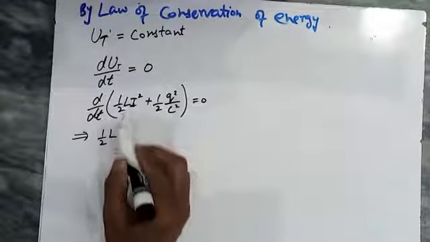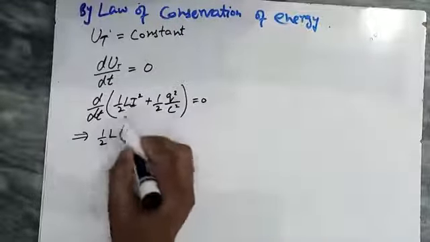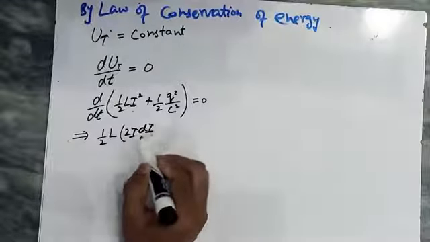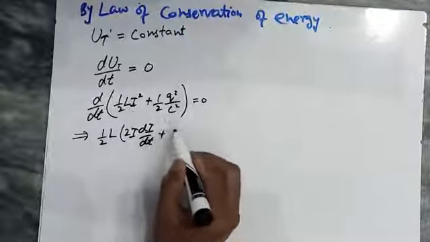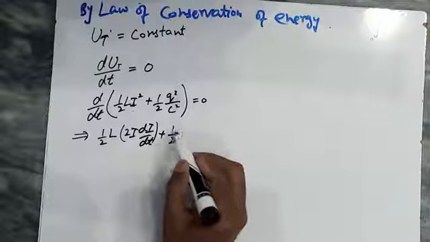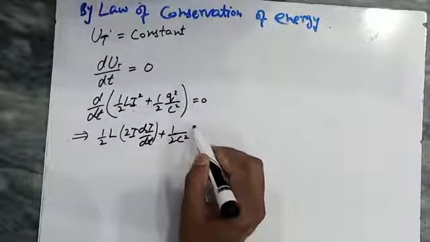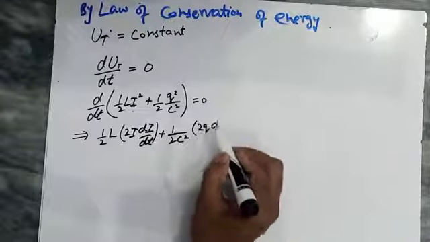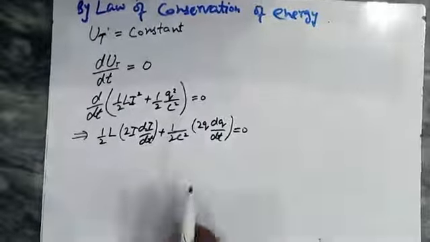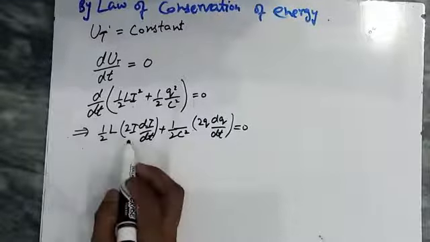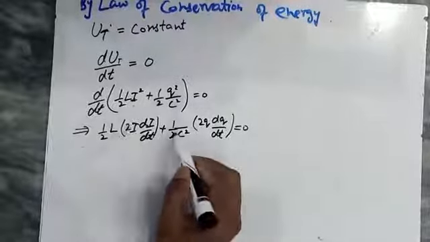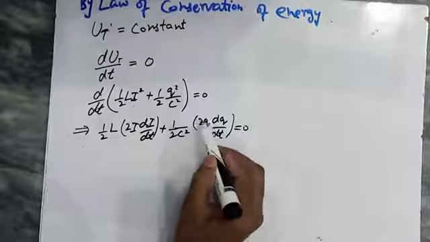So I take their derivatives with respect to time. So I get the derivative of I square is 2I di over dt plus 1 over 2C, which is constant, so Q square's derivative is 2Q dQ over dt. So this 2 is cancelled out with this term, and here this 2 is cancelled with this term.